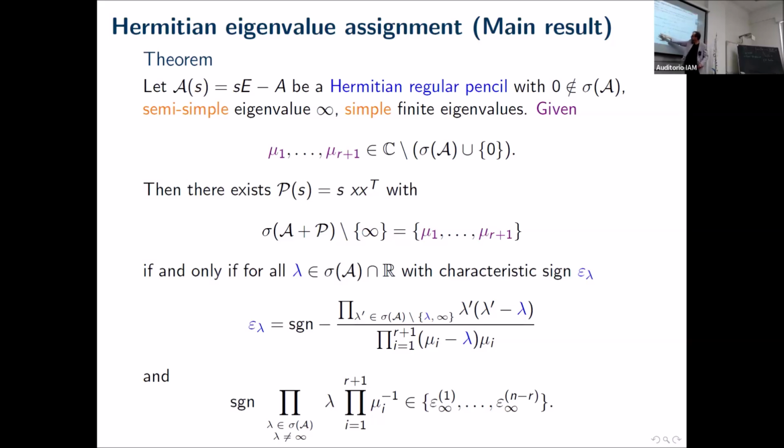And then with these products, we have to fulfill some conditions. These signs play a big role in this pencil theory. And the same here. We have two conditions on the sign. It's a little bit technical result.